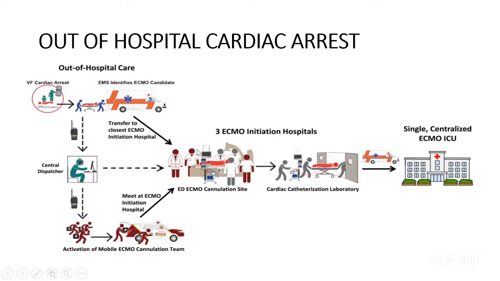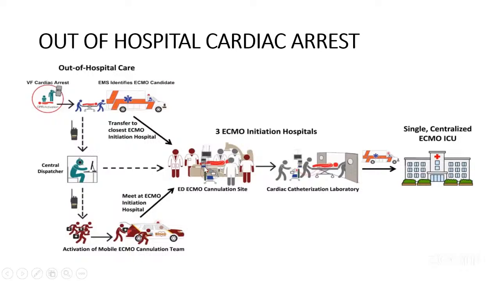So this patient can be shifted to the closest ECMO initiation hospital. At the same time, the code ECMO is initiated in the hospital. All the people who are part of the code ECMO get activated. Two processes are possible. They go to the site and do ECMO, which is done in a few European countries, or they transfer the patient to the closest ECMO initiation hospital depending upon the decision made.